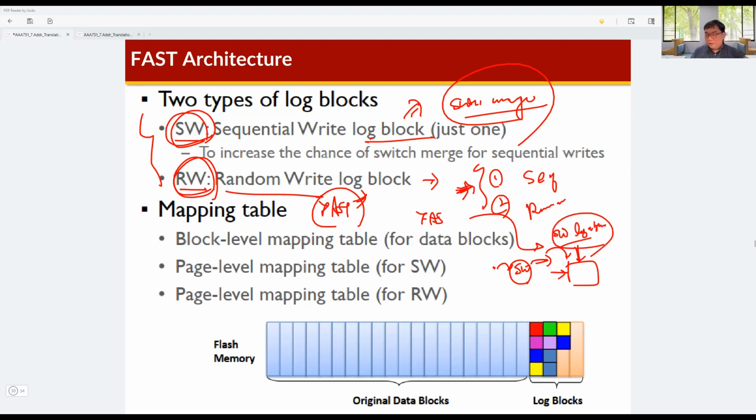Okay. So there are three kinds of blocks inside of this FAST architecture. The normal data blocks, the same as before, then a page level mapping table for sequential write, so this is the sequential write log block, and then page level mapping for random write, so random write log blocks. Okay.